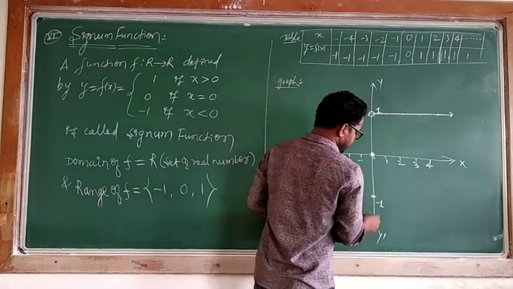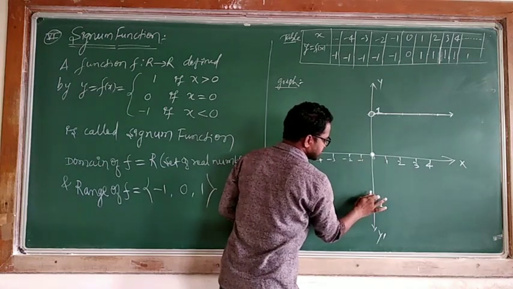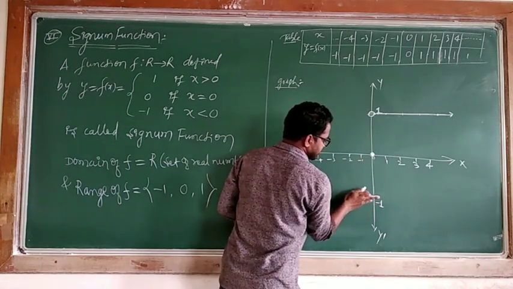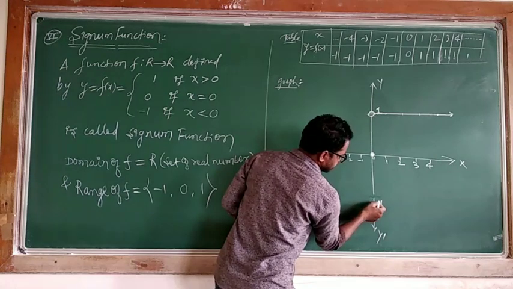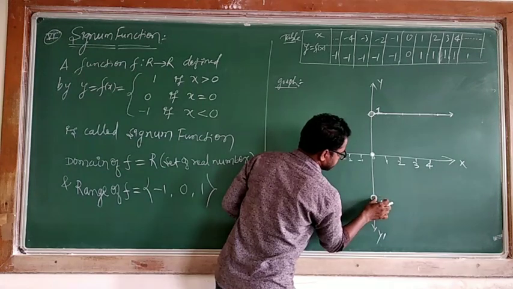Now -1. When x is 0, y is not -1, so you make it an open circle. Open, don't shade this inside.